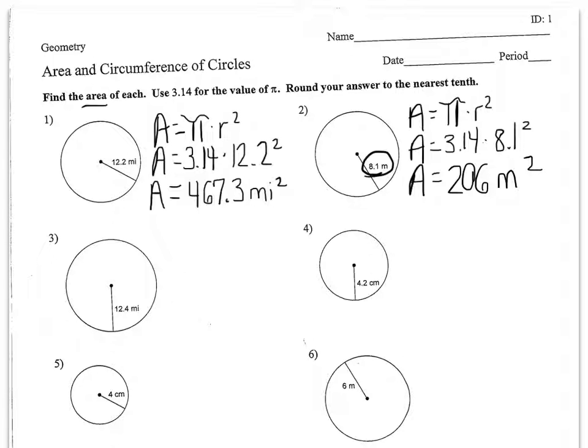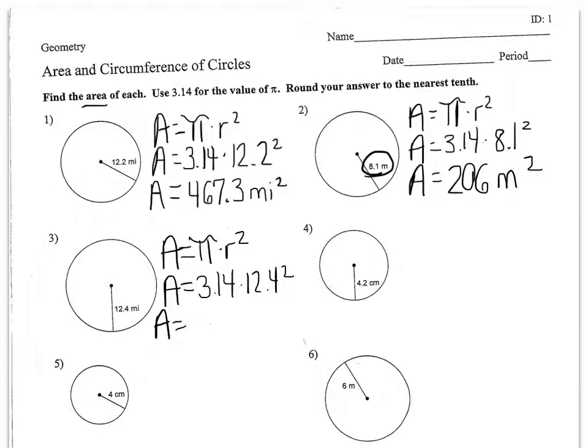Alright, let's do one more and then you're on your own. Number 3, we have A equals pi times r squared. So pi is 3.14 times our radius, which is 12.4. We're squaring that. Alright, so what we do first is we square 12.4.